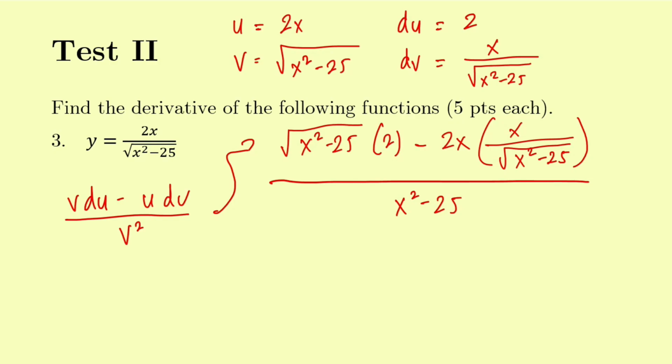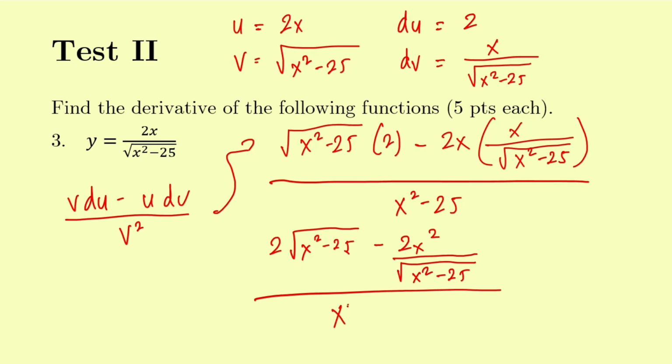Now, this is equal to 2 square root of x squared minus 25 minus 2x squared over square root of x squared minus 25, all over x squared minus 25.